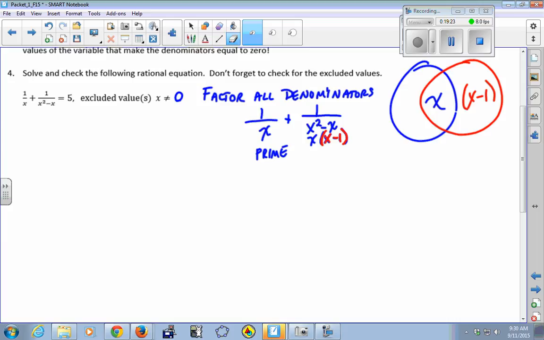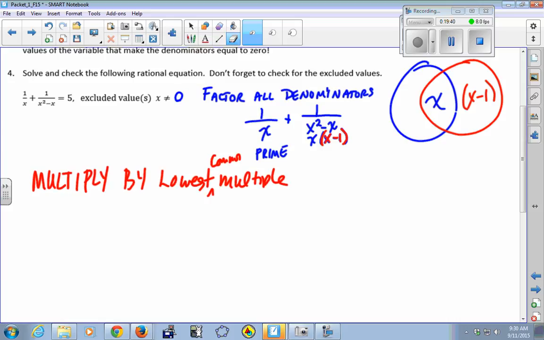Here's your multiple right here, x times x minus 1. So I'm going to now multiply both sides of this equation by the lowest common multiple, which I just found right here. This little visual works all the time.